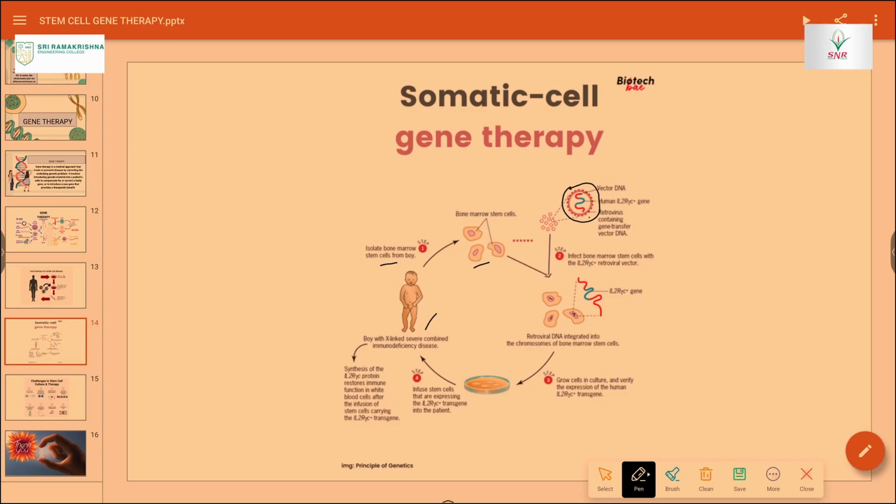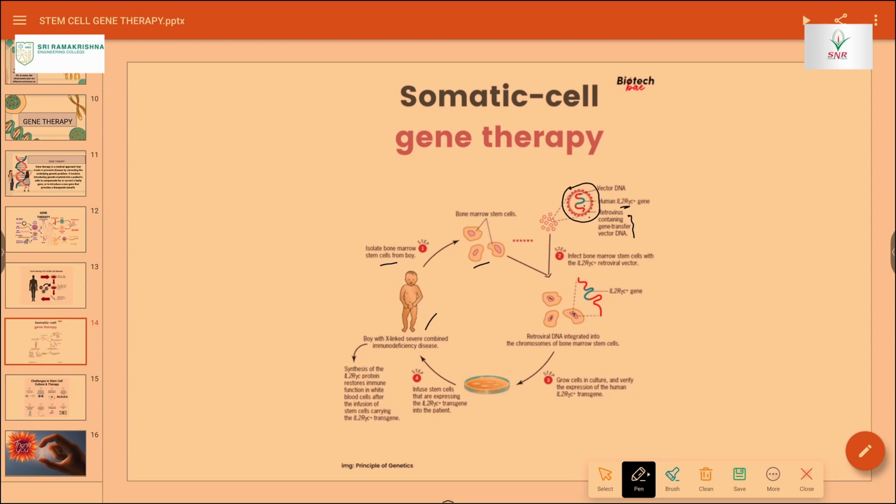In the vector DNA you are integrating the interleukin gene. This blue color shows the gene of interest, a good gene which can produce interleukins, linked to the vector DNA. This whole particle is actually a virus. The virus used for infection can be a retrovirus. Inside the retrovirus the DNA is linked with the human interleukin gene.